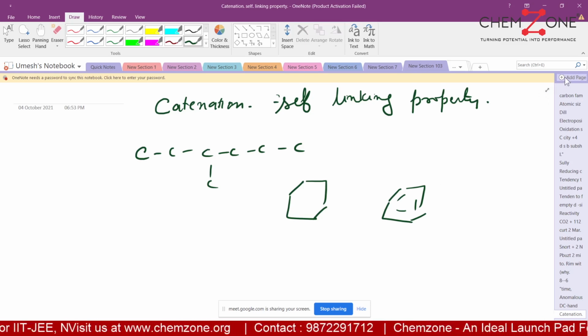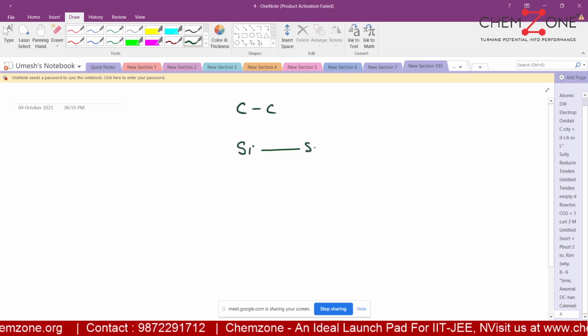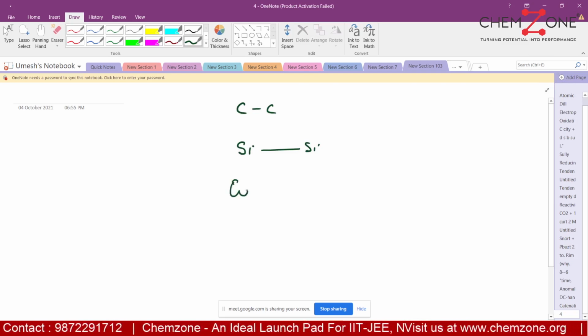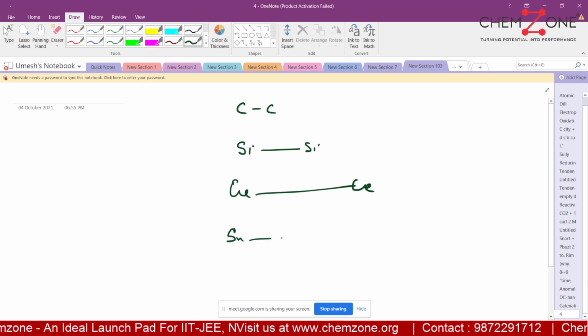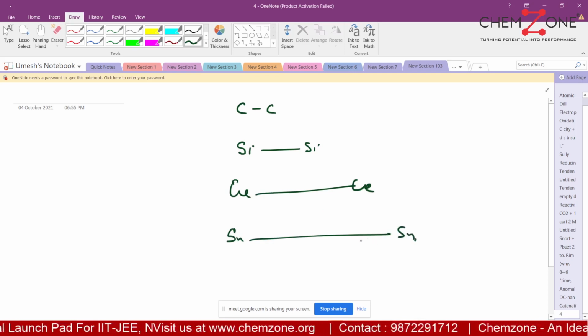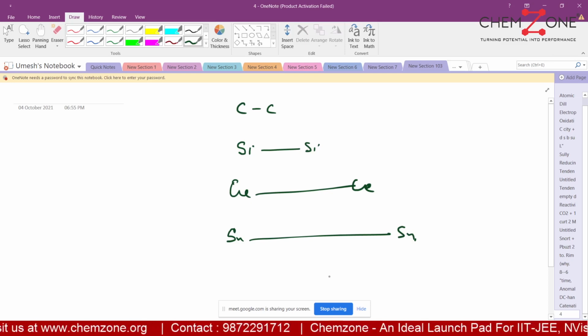But as you go down the group, carbon single bond, silicon single bond, germanium single bond, the bond length increases. As the length increases, strength decreases.